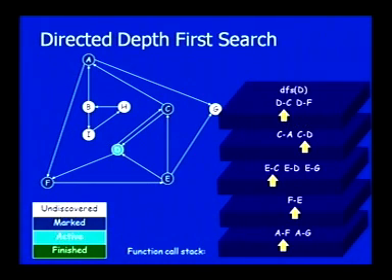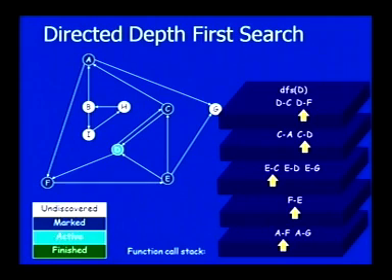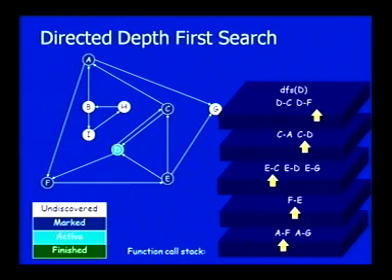So, from D you can have neighbors C as well as F. C is already visited. So, you are going to F. F is also visited. Therefore, there is no entry.